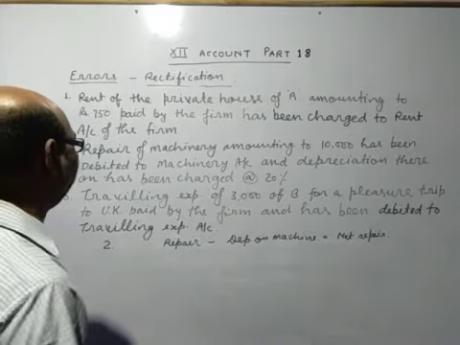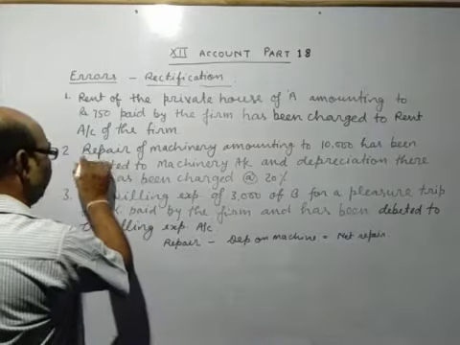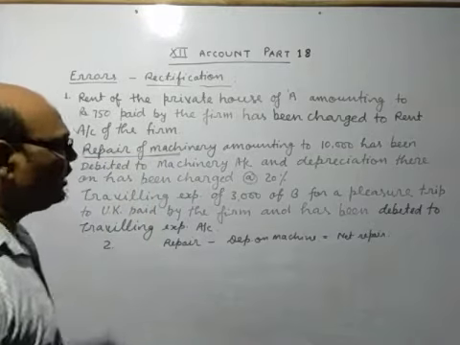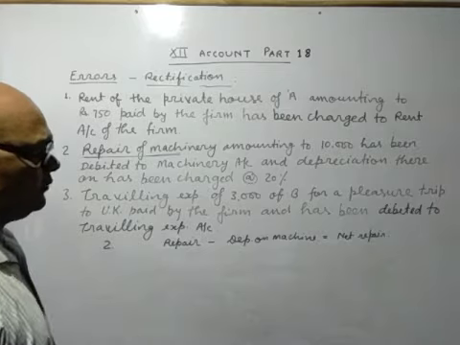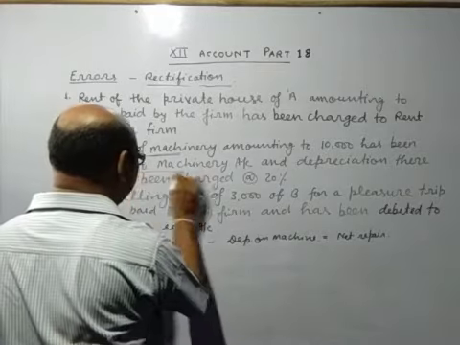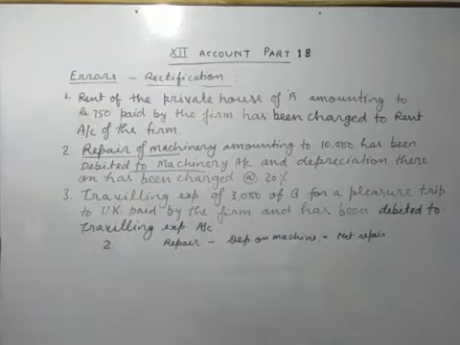When you rectify, this is the repair of machine, so the profit and loss account should be debited, and you have wrongly debited the machine account. So at the time of correction, the machinery account will be credited.